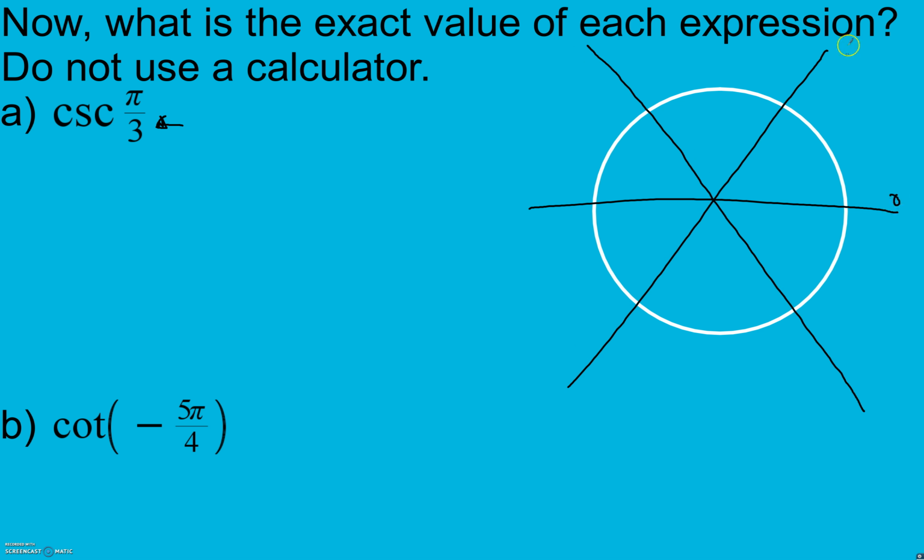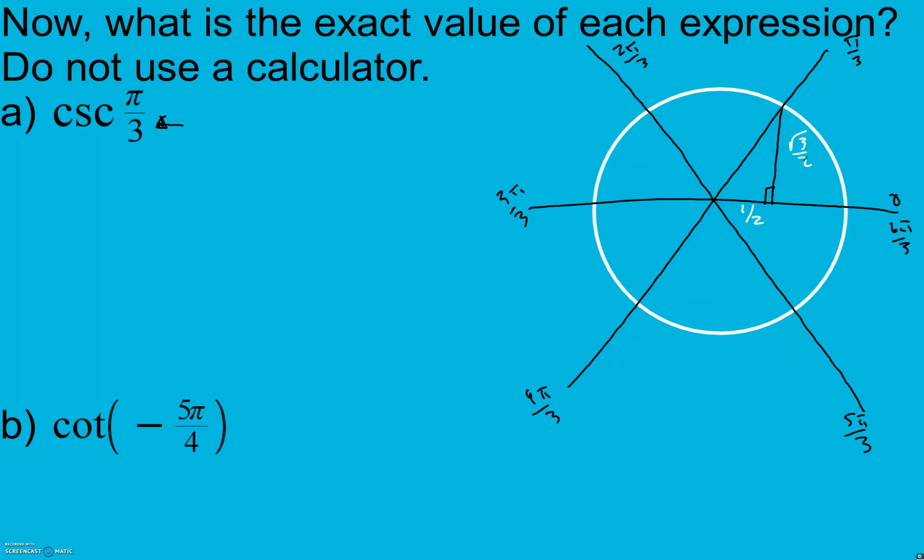I have 0, pi over 3, 2 pi over 3, 3 pi over 3, 4 pi over 3, and 5 pi over 3, and 6 pi over 3, or 2 pi. Okay, I want 1 pi over 3, so I'm going to drop down right here. Because it's over 3, I'm going to have a 30, 60, 90 degree triangle. Short side is a half, long side is square root of 3 over 2.